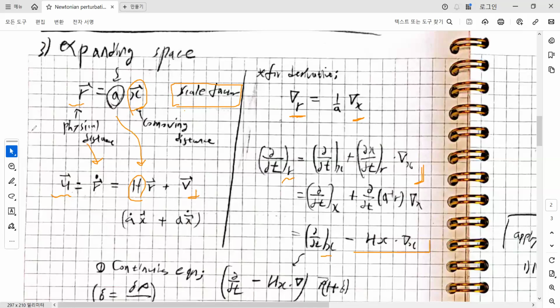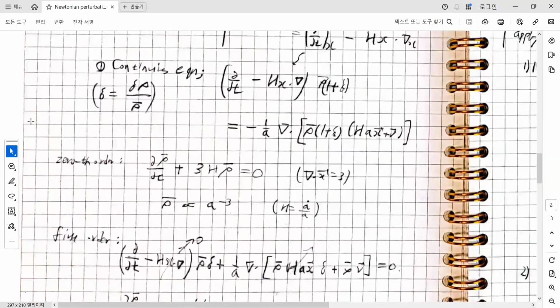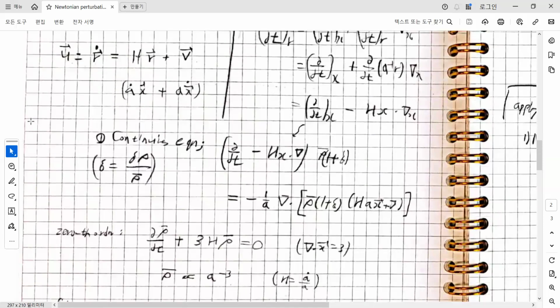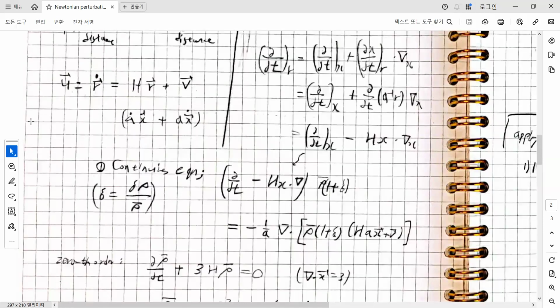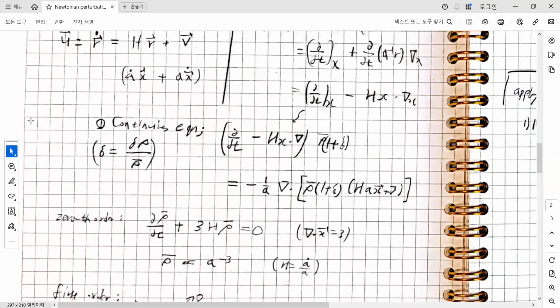So under such an expanding universe, the equations of motion for the conservation laws are different. Take the continuity equation. Originally the time derivative is given by this in r prime, but it will change in x prime by using the comoving distance. So this makes a difference.